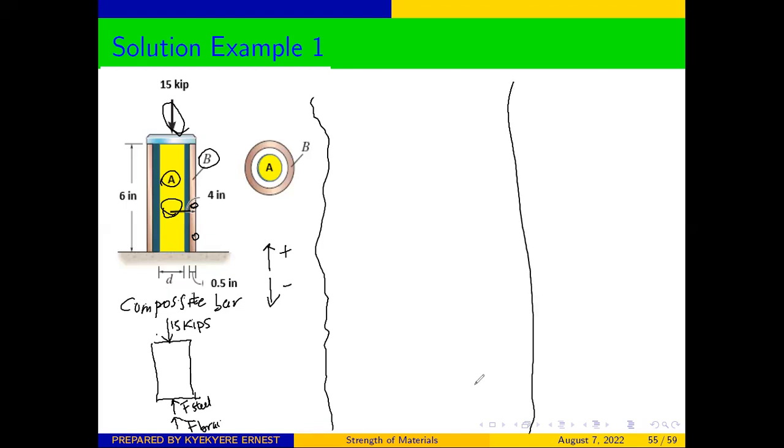From there, we can say that F steel plus F brass should be equal to 15.